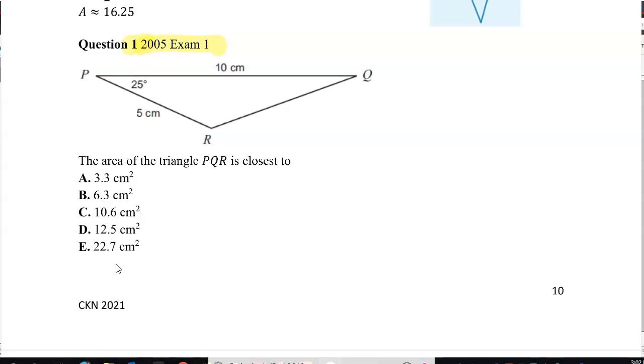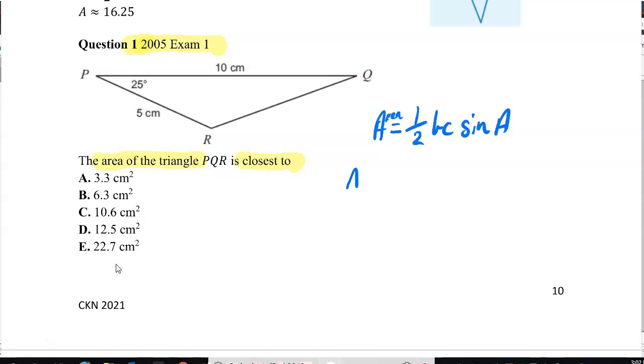So the area of the triangle PQR is closest to. So I've got a side length there, PQ, side length there, PR, and the angle between them. Okay, so area equals half bc sine A.